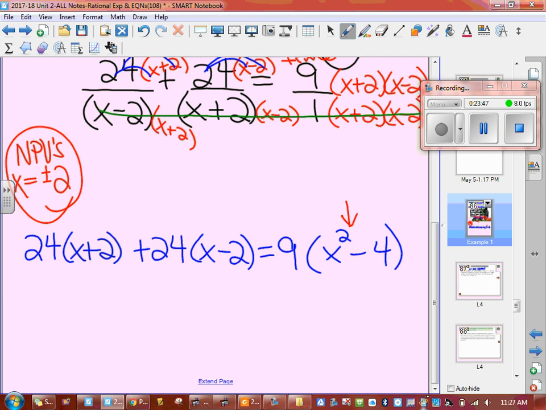I FOILed the x plus 2 and x minus 2. So you FOIL it or area box, whichever you find the easiest. Now we're back to just solving in the brackets. So we multiply into our brackets to get 24x plus 48, another 24x minus 48 equals 9x squared minus 36.